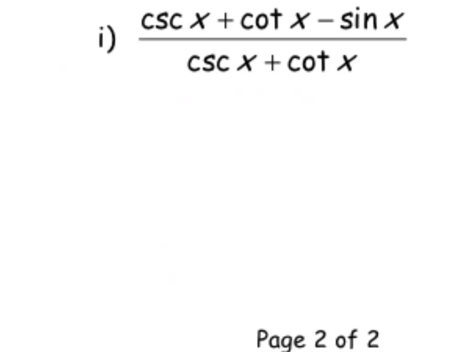Cosecant is going to be 1 over sine of x, plus cotangent, cosine of x over sine of x, minus sine of x over 1.